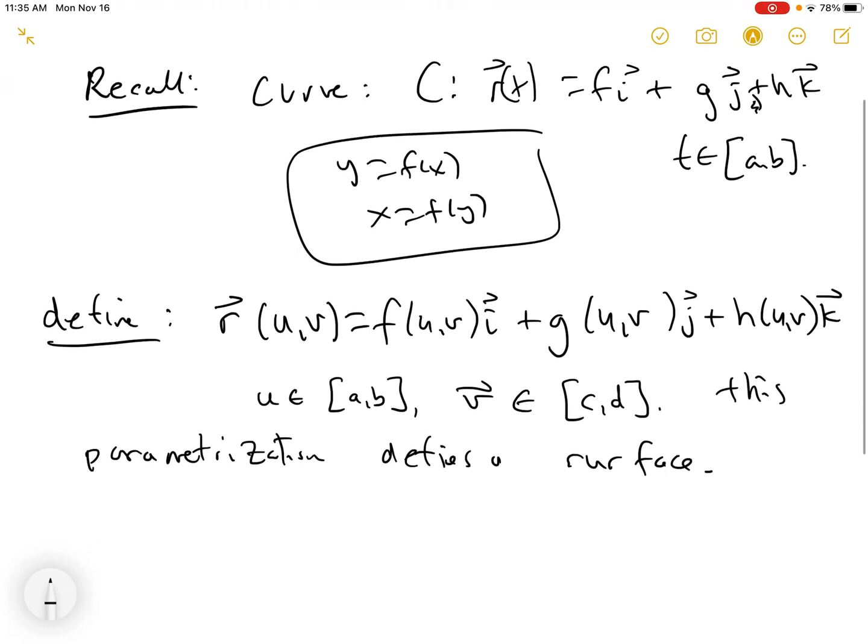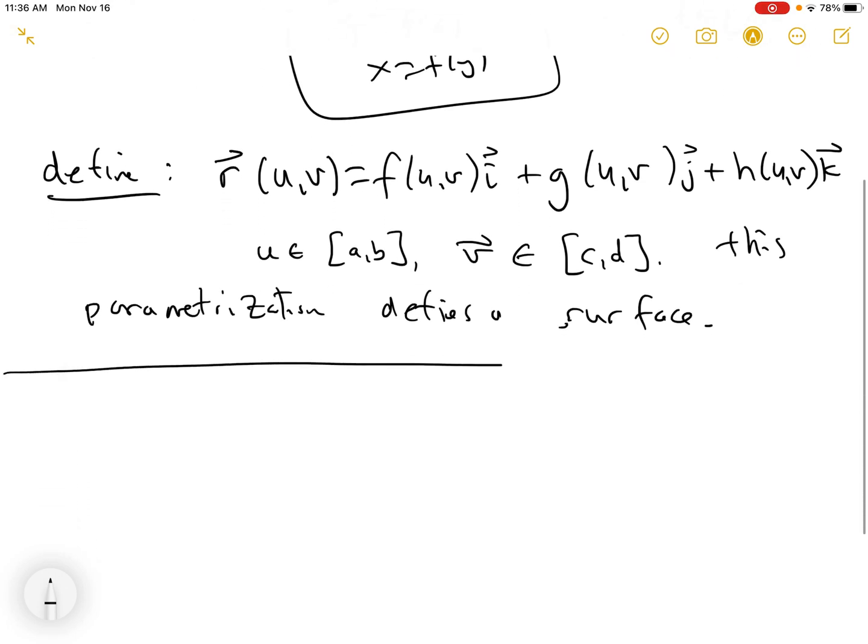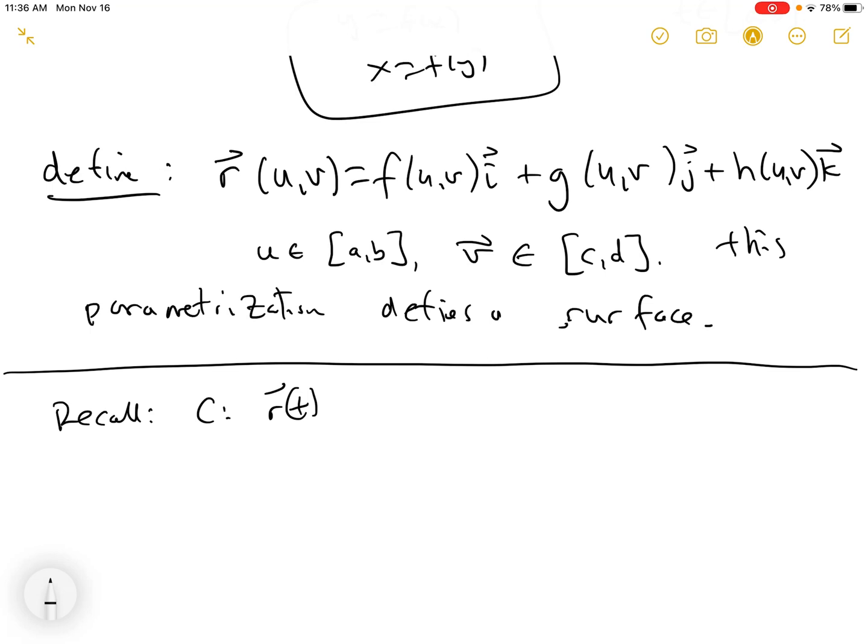Now, a couple of you are in my linear algebra class, and really, if you think about it, parametrization, well, here, since we have a recollection, recall. So we have this curve. I'm just going to work in two space because it's easier to draw a picture. So r(t) is f(t) i plus g(t) j, and t runs from a to b.